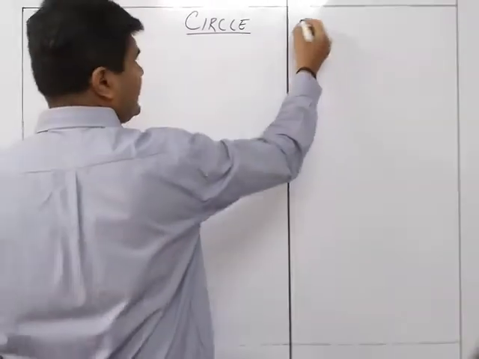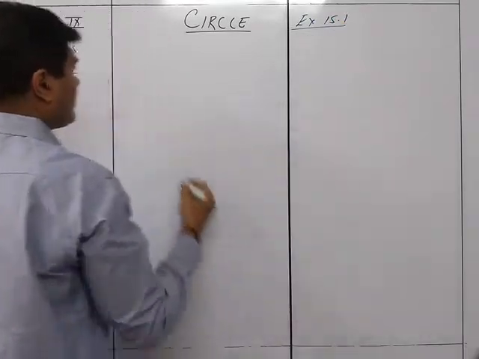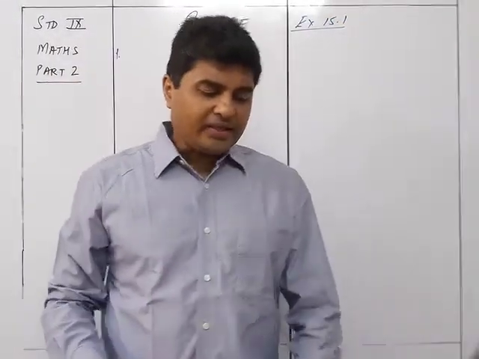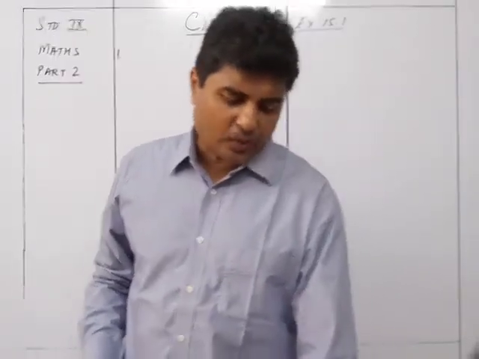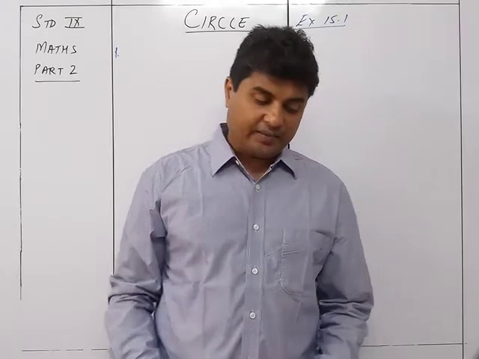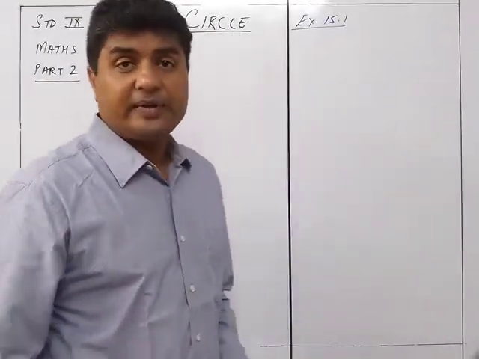That is exercise 15.1, the first sum. Calculate the length of a chord which is at a distance of 12 centimeters from the center of the circle of radius 13 centimeters. You need to find out the length of the chord which is at a distance of 12 centimeters from the center.